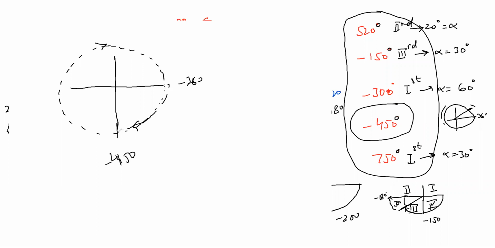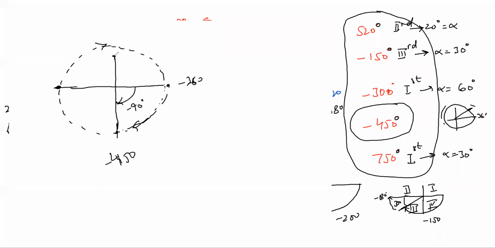Now you can say that this is going to be on the negative y-axis, or you can simply say that this is minus 90 degrees. Suppose it happened to be over here, you could say it is at a position of 180 degrees. If it is here, that is going to be 0 degrees.